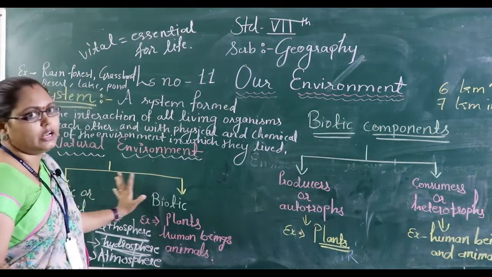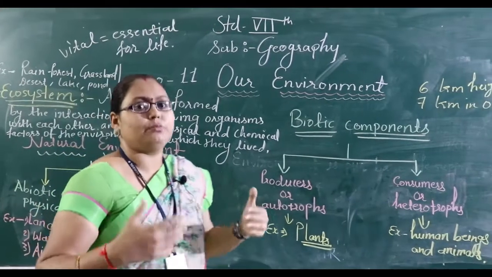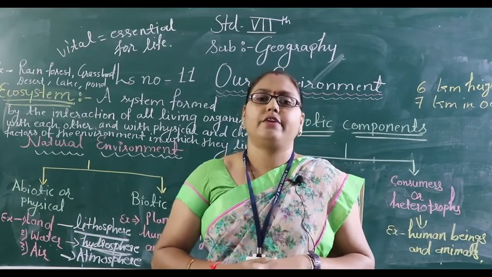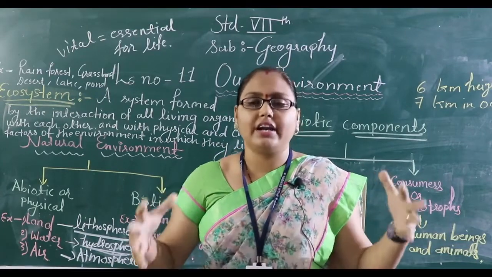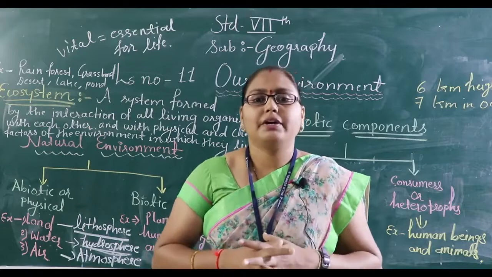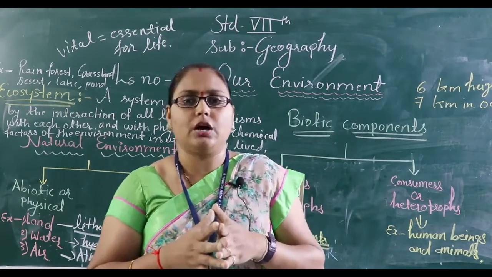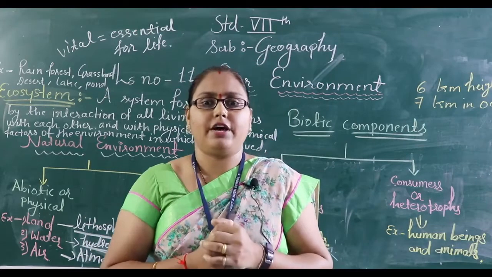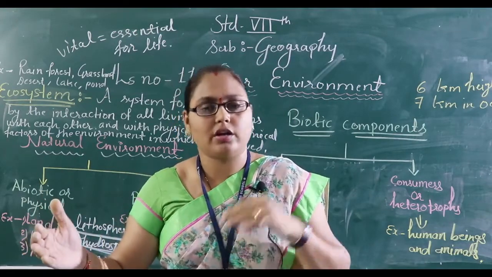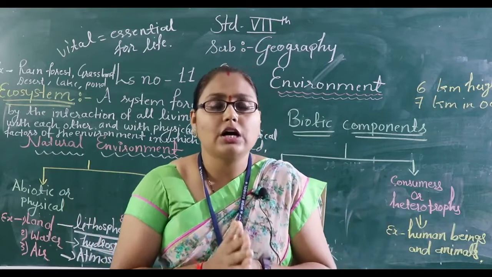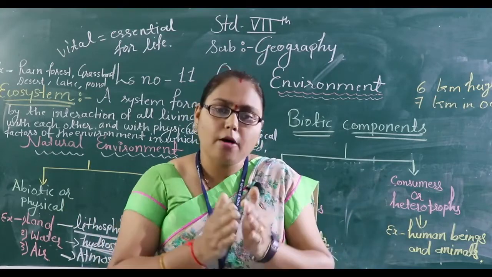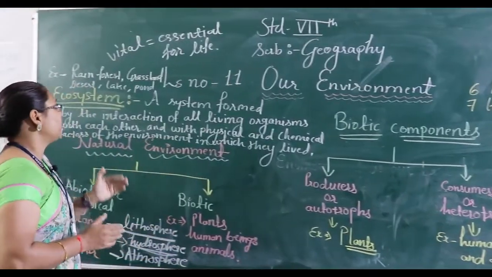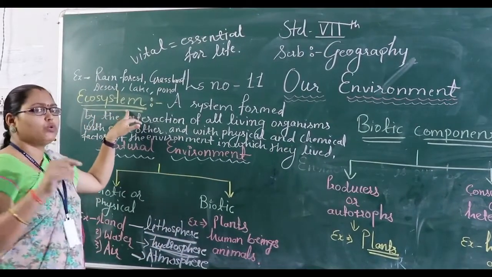Interaction means the relation between all living organisms among themselves as well as with their physical environment. The living organisms and the physical environment form a very complex system, and this complex system is referred to as an ecosystem.